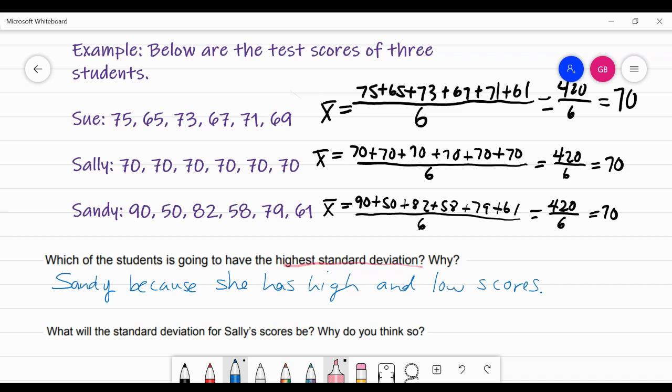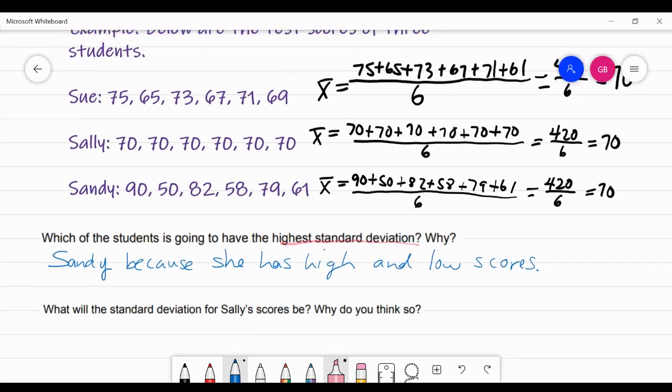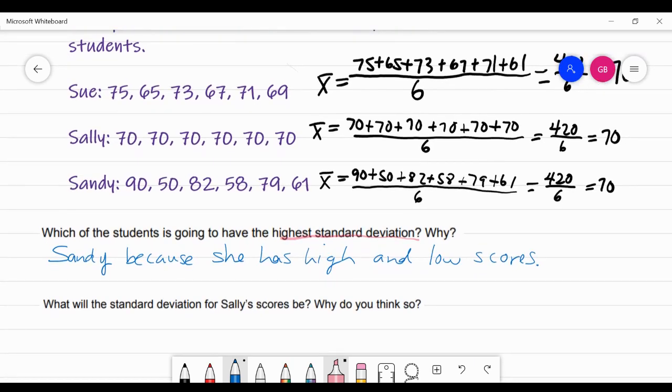Now I'm going to show you how to calculate it in a bit. And then the second question, what will the standard deviation for Sally's scores be? Okay, so Sally has all 70s. So how spread out is that? Well, it didn't spread at all.